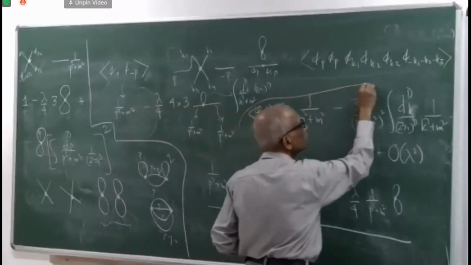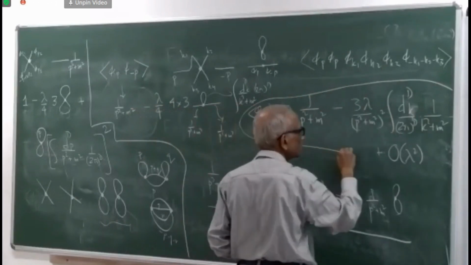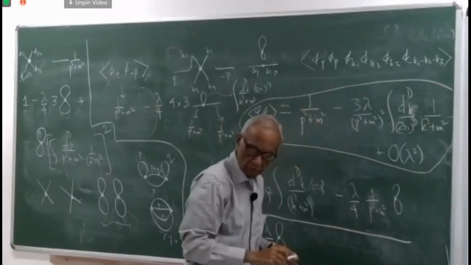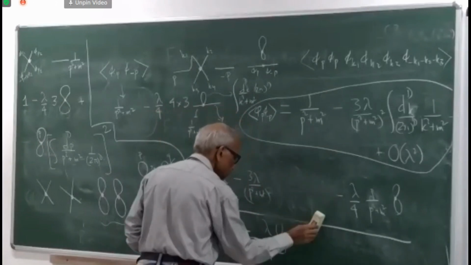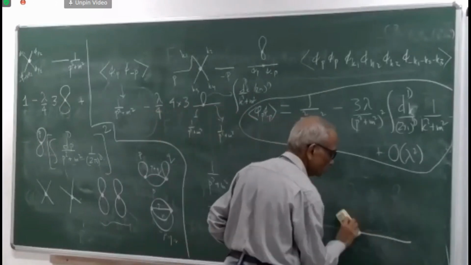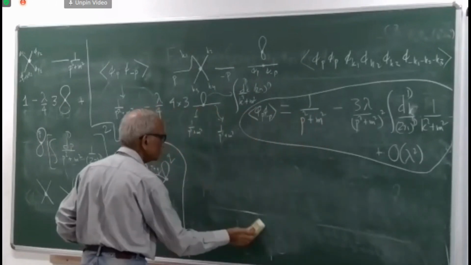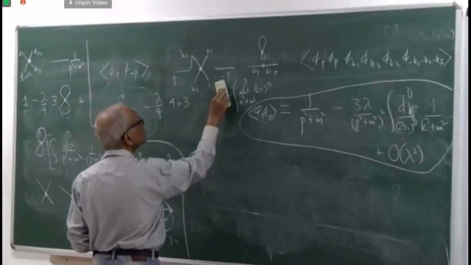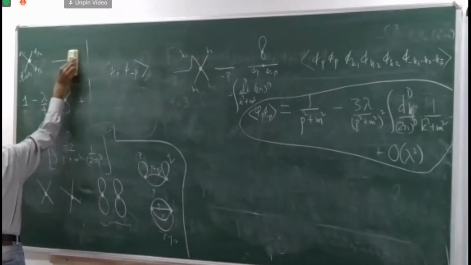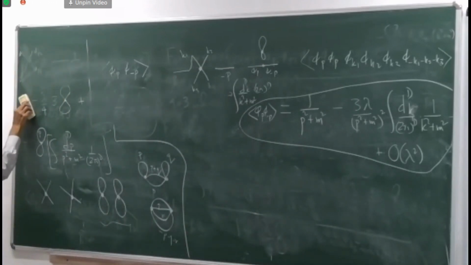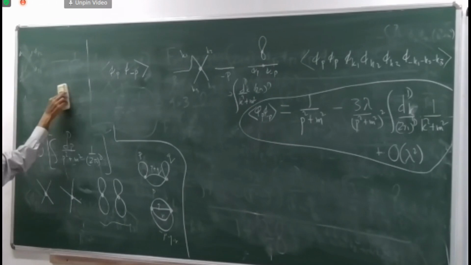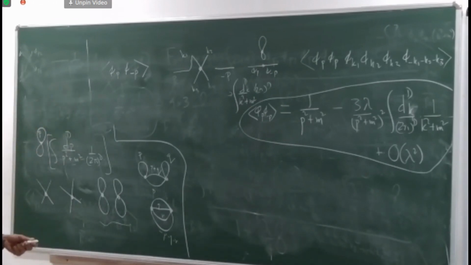So this is, for what it's worth, the answer. Setting p equal to 0 gives the susceptibility.